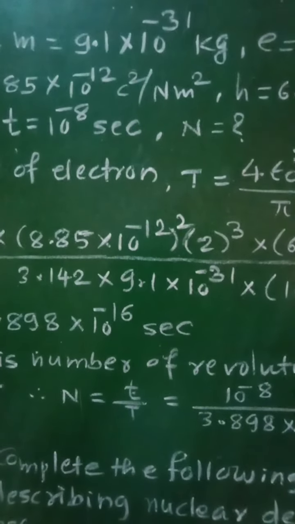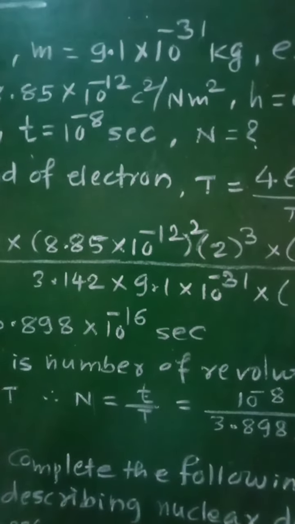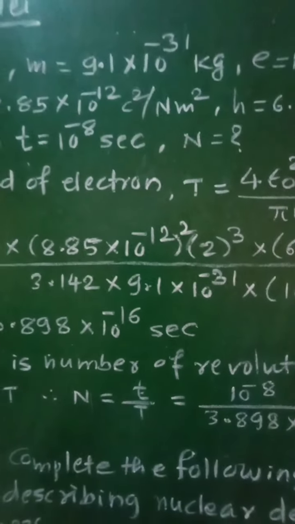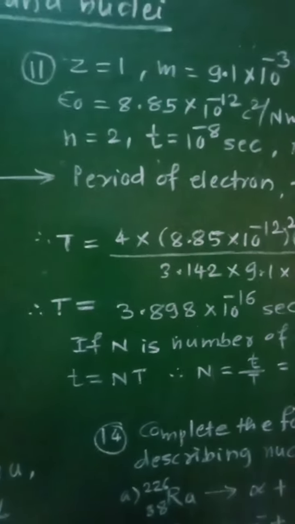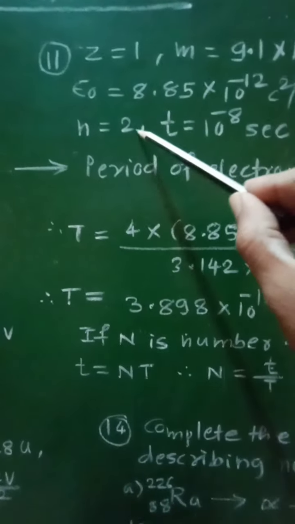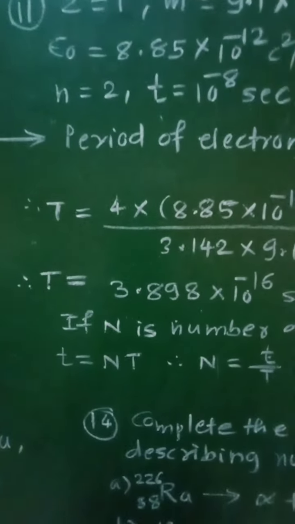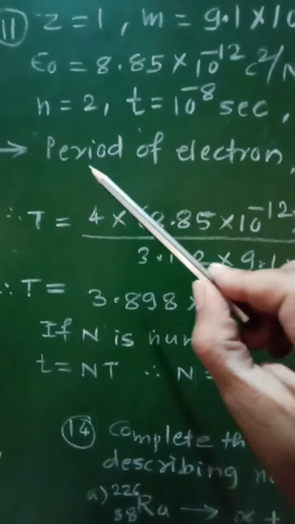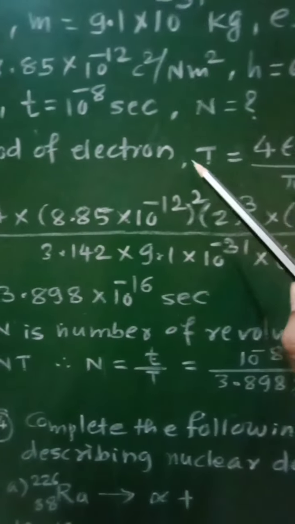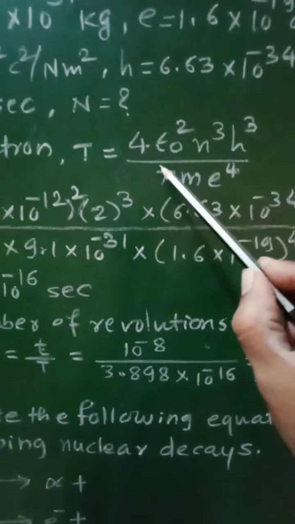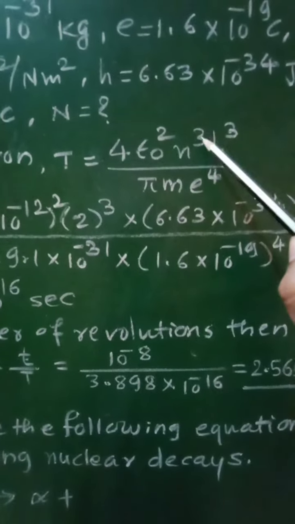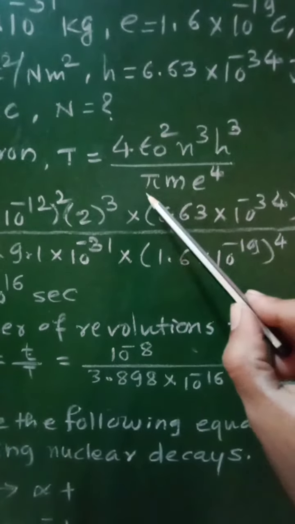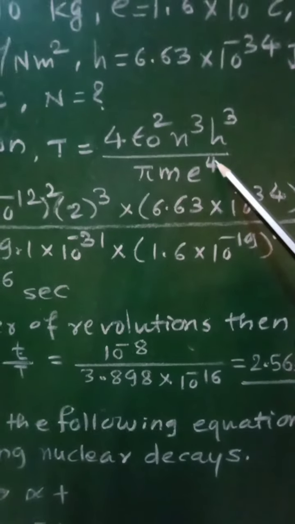We have to find out the number of revolutions, capital N. As orbit number is 2, that is second orbit, small n is taken as 2. Now period of revolution of that electron around the nucleus, T, will be equal to 4 epsilon 0 square n cube h cube upon pi m e raised to 4.